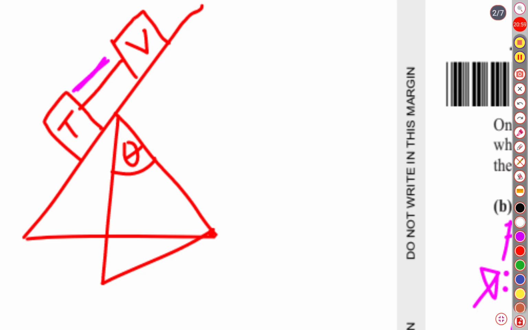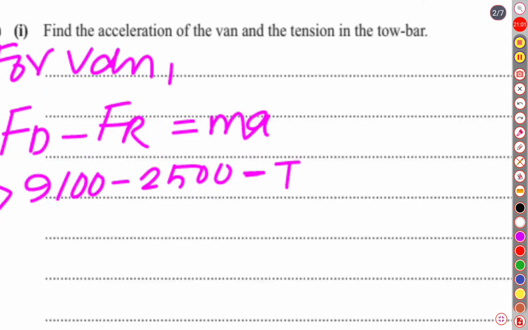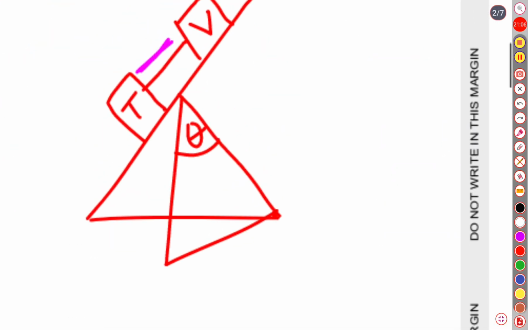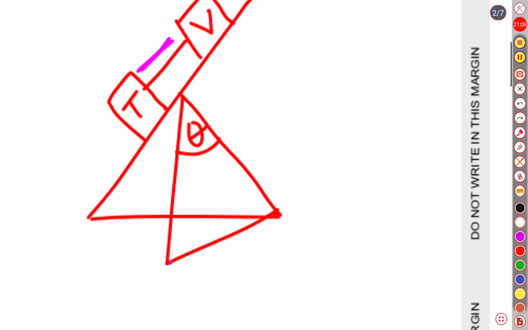That's why it is a resistance to motion. Then the most important one, the weight. This is the horizontal component of the force, the x component of weight. This is also negative. Look, it is trying to move the van downward, whereas the van is trying to move upward. So this is one of the resistance forces.